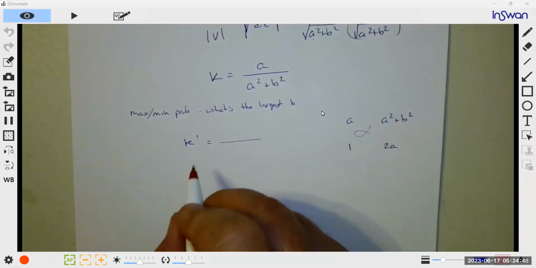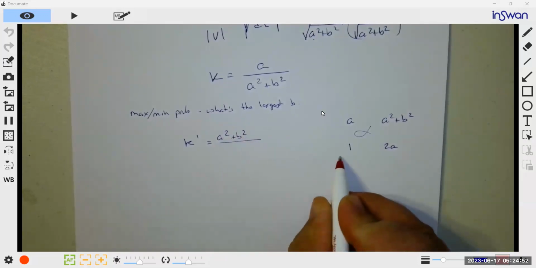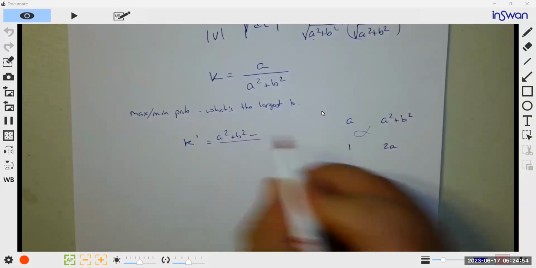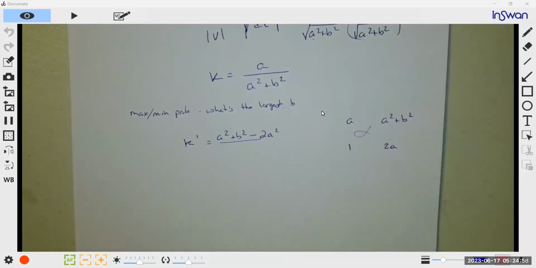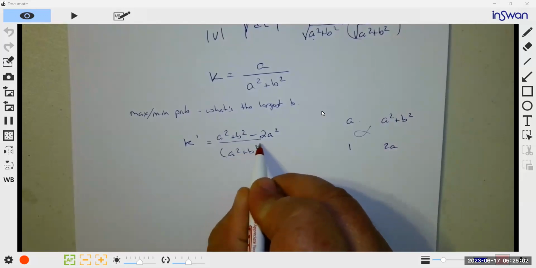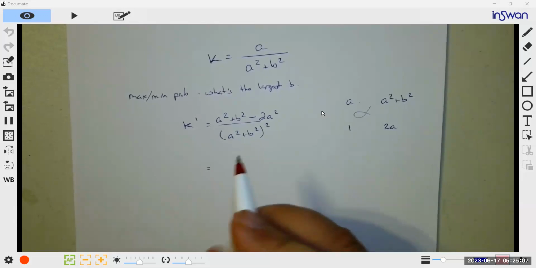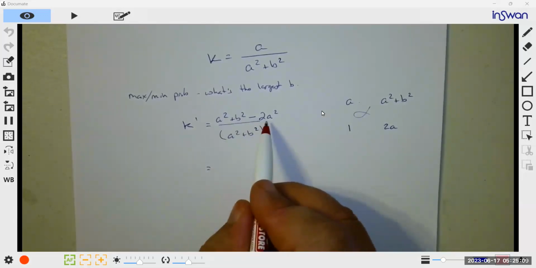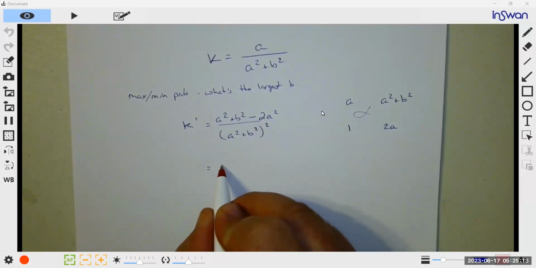So we have a squared plus b squared times 1 minus 2a squared, all over the denominator squared. Simplify the numerator. 1a squared minus 2a squared is negative a squared.